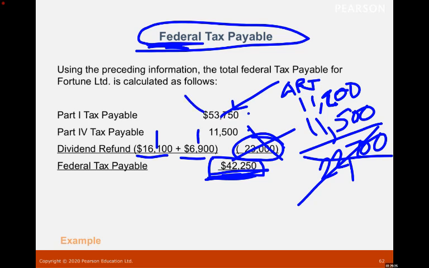One of them is buried inside here, so it's not apparent when you just look at this one simple slide. But you've paid some extra ART and you've paid some extra Part 4, both of them being refundable. You paid out dividends, so you got refunds on the two channels of your general rate and your low rate income, and it kind of mostly washed in this question.